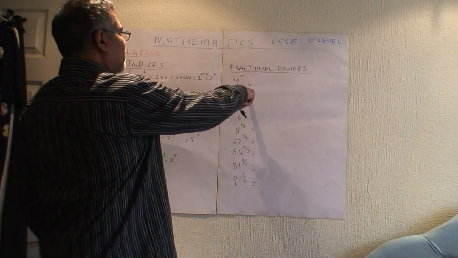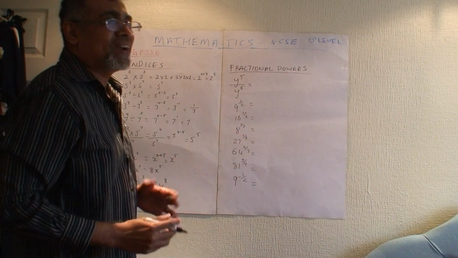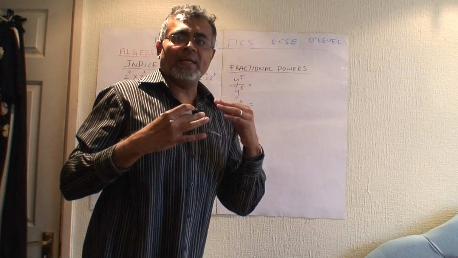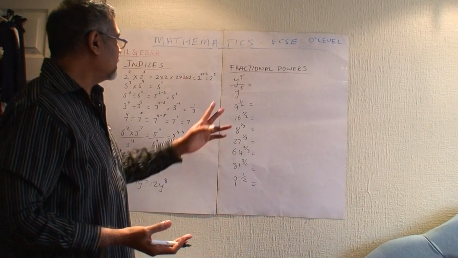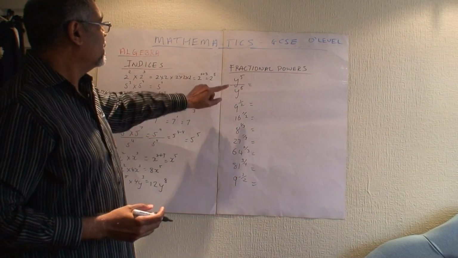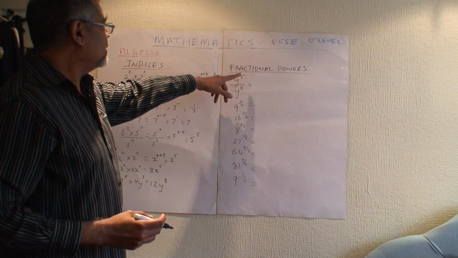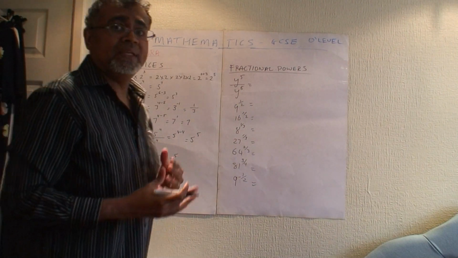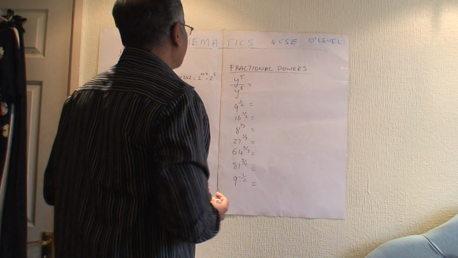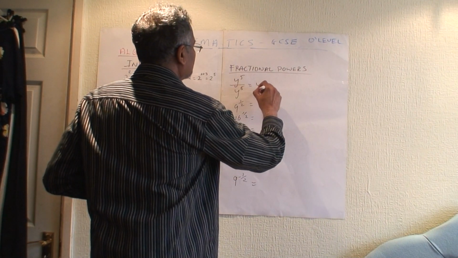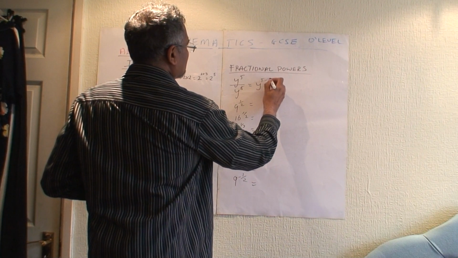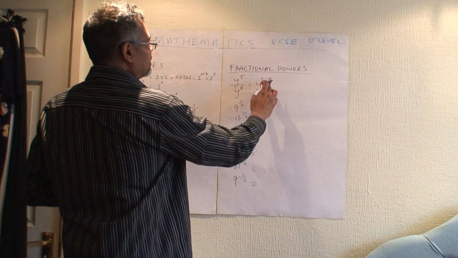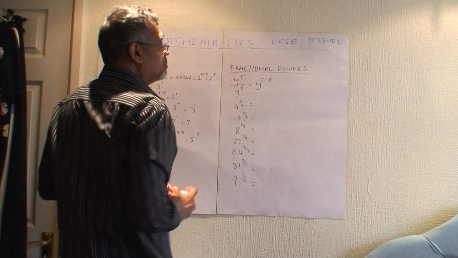Okay, now here we have what is known as fractional powers. The powers are in a fraction, and we know what fractions are. Okay, so when we divide the powers, again we subtract the powers. Okay, so that's similar to saying y to the power of 5 minus 8. But obviously this is a bigger number, this is a smaller number.